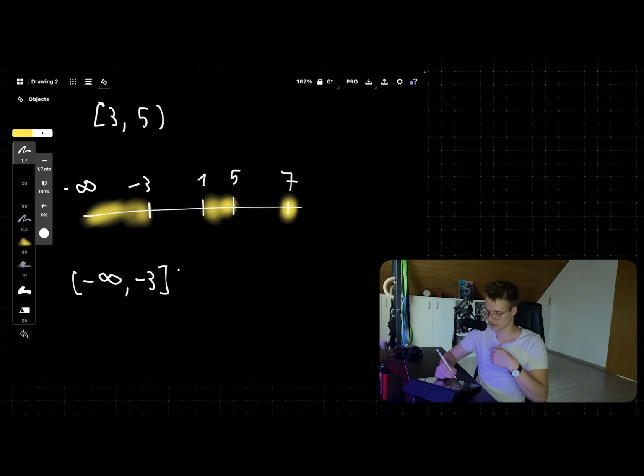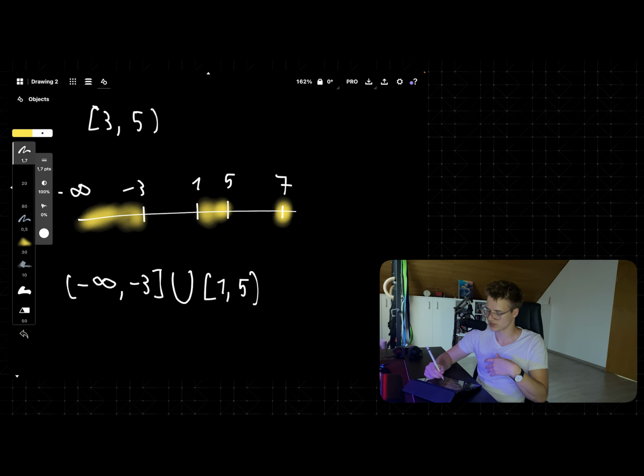Now we have to add the union, so this is basically the plus for sets, okay? And then we have 1 to 5, okay? So let's say it's including 1 and including 5, or we can say that it's also excluding 5, doesn't matter. In our case, let's say it's excluding 5, that the solution says excluding 5.